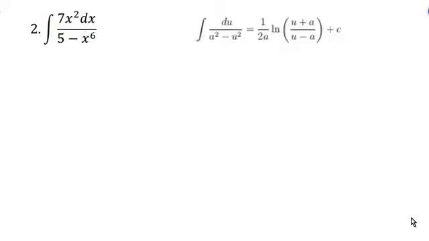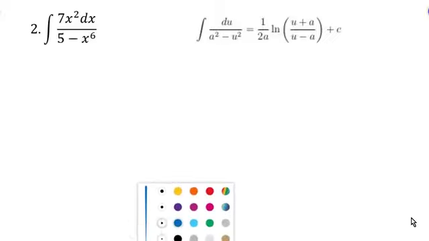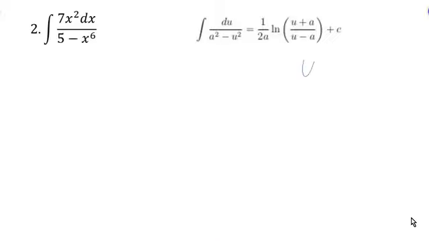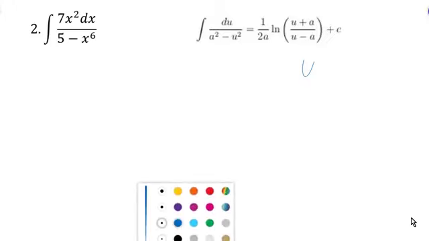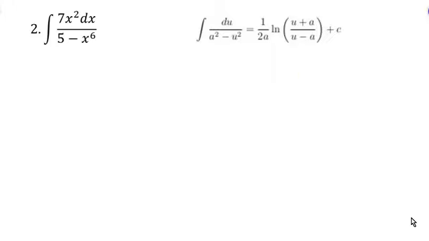Now we're going to analyze this. We need to know what is u, to see if actually it's useful. So we need to define the variables. U squared, we know that this is x to the 6th.